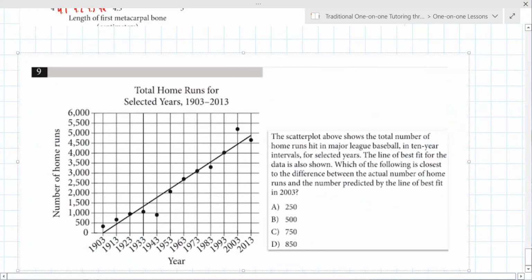The scatter plot above shows the total number of home runs hit in Major League Baseball in 10-year intervals for selected years. The line of best fit for the data is also shown.